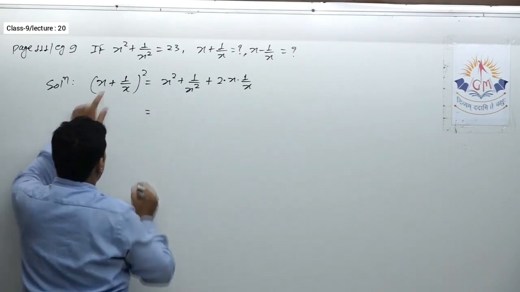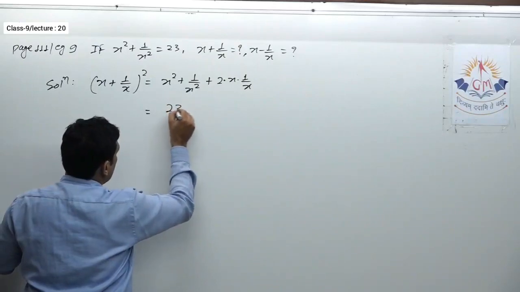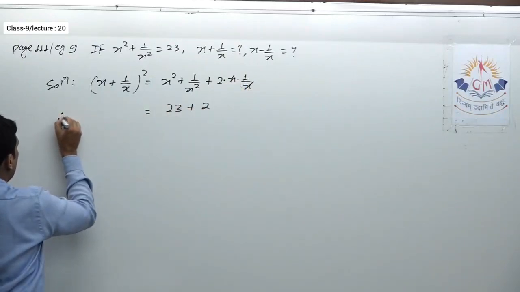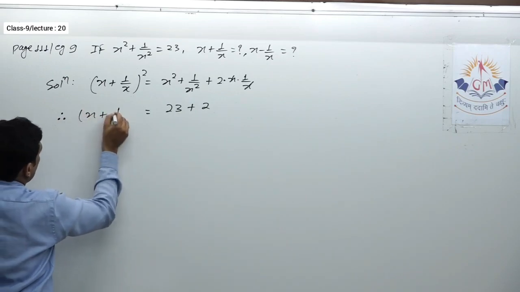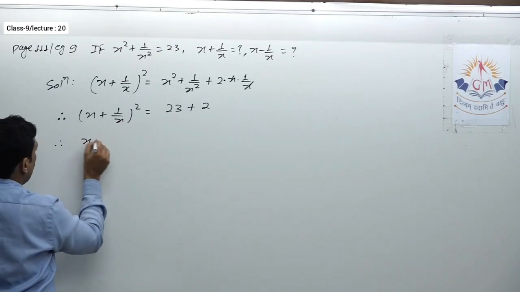Now this x square plus 1 upon x square is already given, that is 23 plus 2, this will cancel out. So therefore x plus 1 upon x whole square is equal to 25.